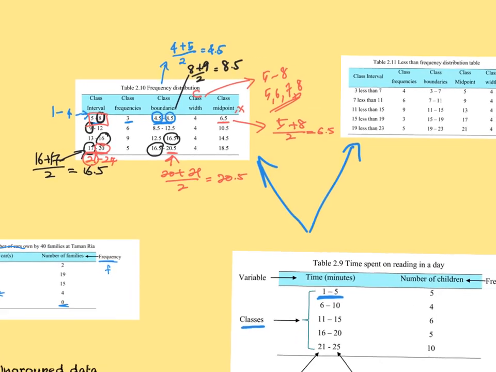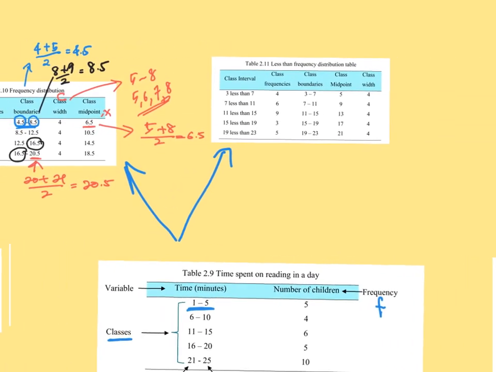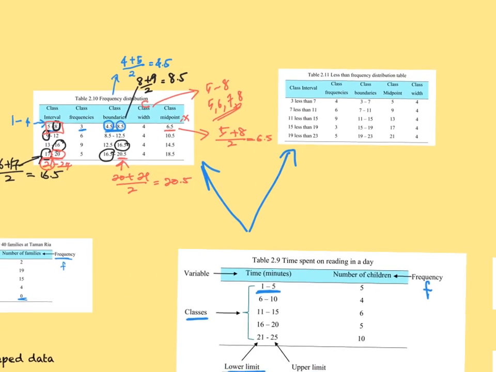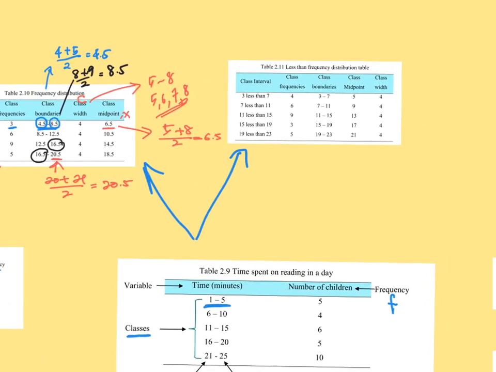But then, as you can see here in table 2.11, the class interval is quite different from table 2.10, because right here the class interval is in terms of 3 less than 7, or 3 less than 7.